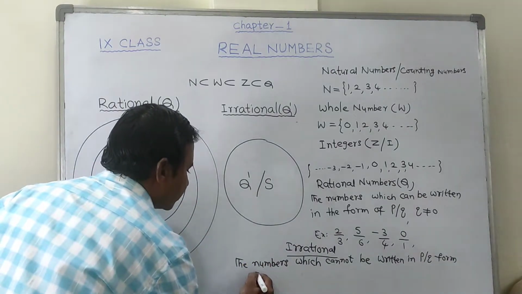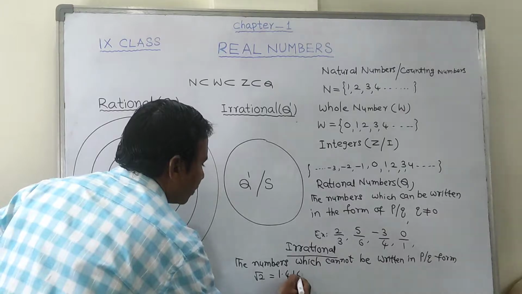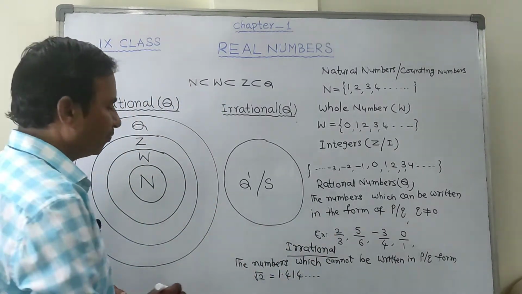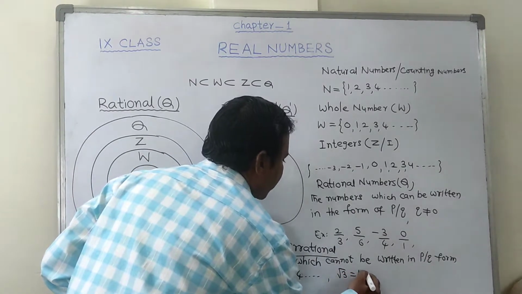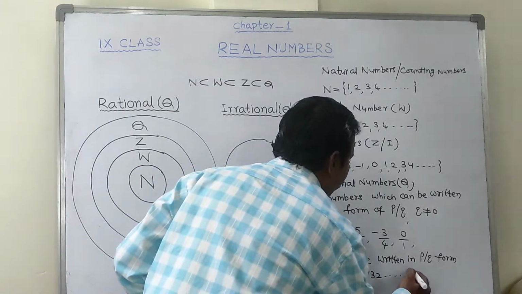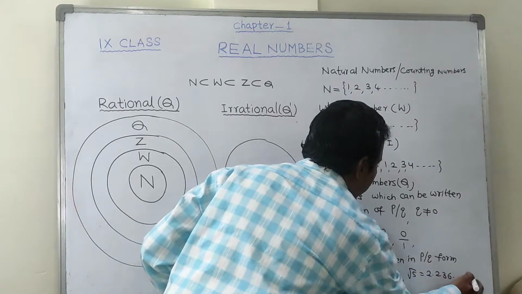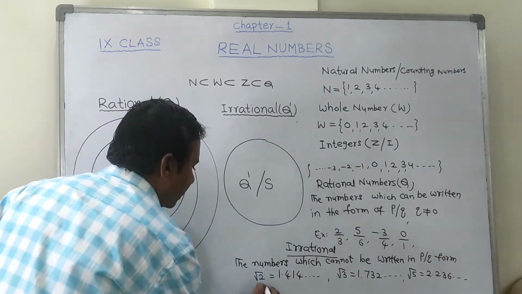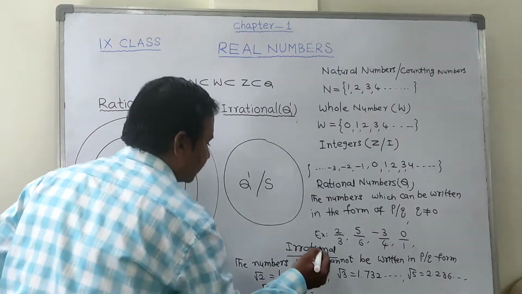Let us take a few examples for this. Root 2: if you take the root 2 value, 1.414 and so on continuously, you will get numbers. Whereas root 3 value is 1.732 and so on. Root 5 value is 2.236 and so on. And even pi value is 3.14 and so on.